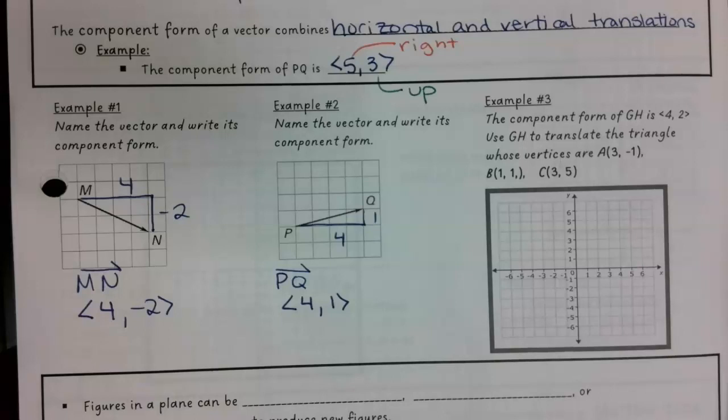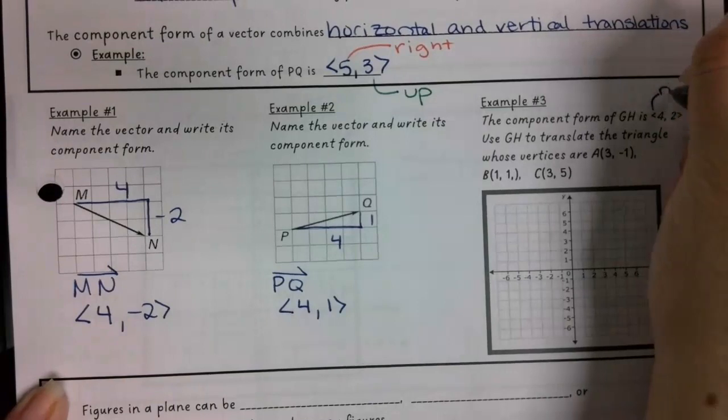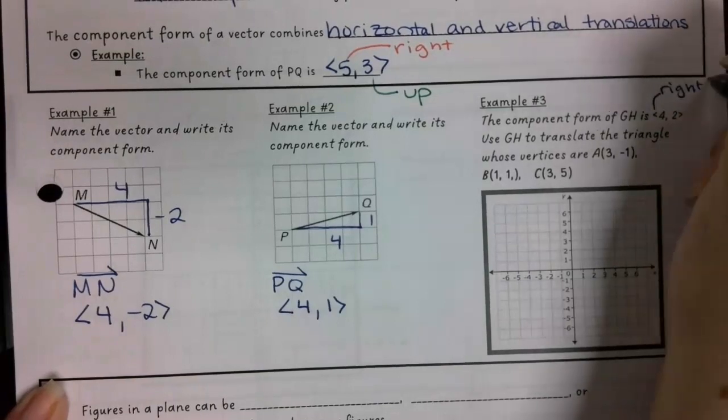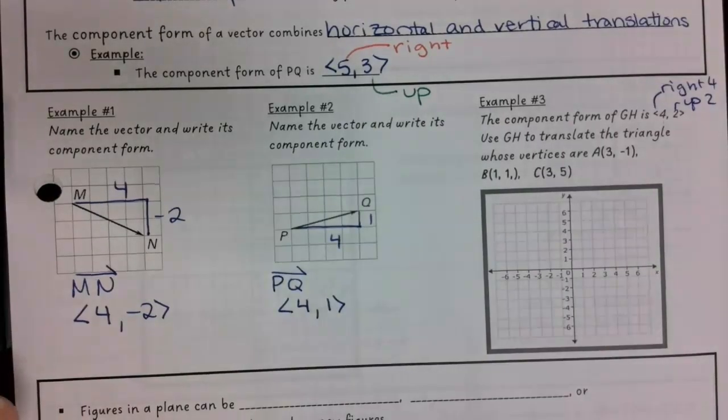So number 3 says the component form of GH is 4, 2. That's telling me how I'm going to change it. I'm going to go right 4 and then up 2. And I need to move this triangle. So the first thing I'm going to do is I want to plot these points.